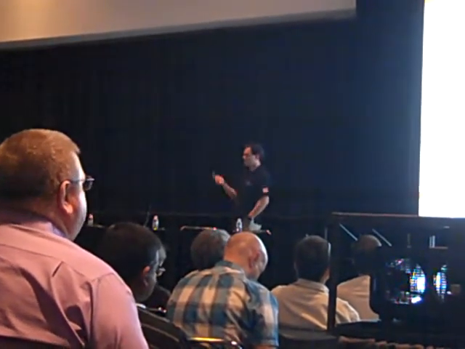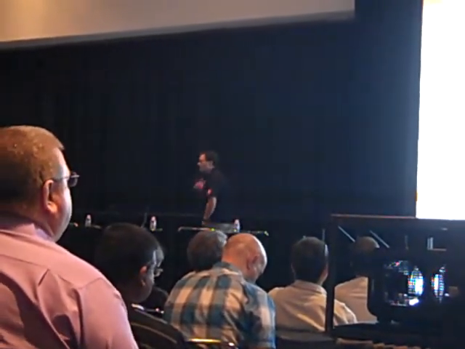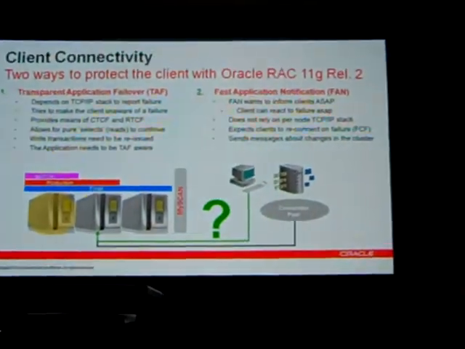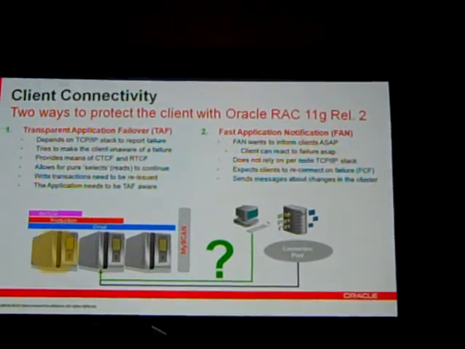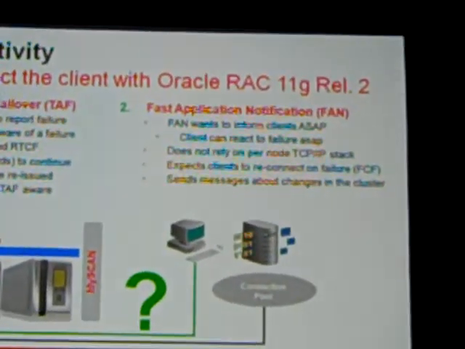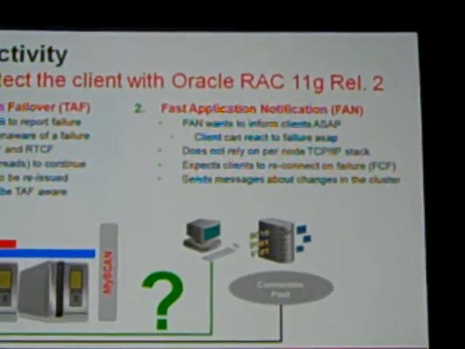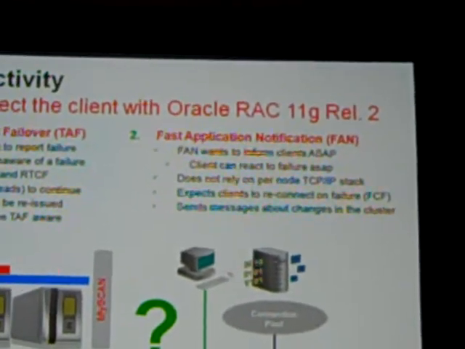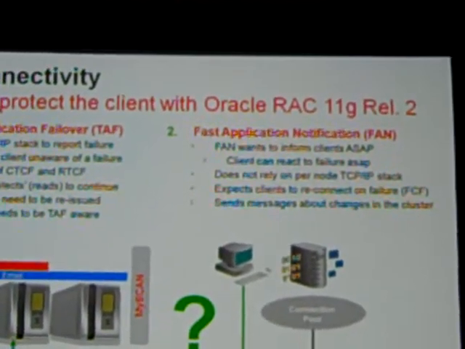The alternative solution has been ever since 10g, FAN. FAN has exactly an opposite approach. It will notify your client proactively, so it doesn't rely on TCP/IP. It will notify the client if something fails in the cluster, and it will expect the clients to do something about reconnectivity.